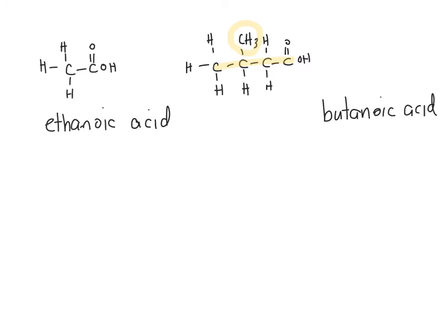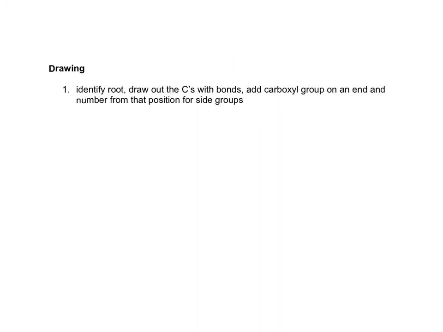That takes care of those 4 carbons, and then we have a methyl group, and that methyl group is on carbon number 3, because you start counting from the functional group. So this is 3-methyl butanoic acid.